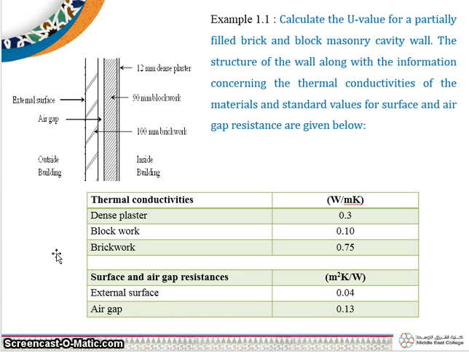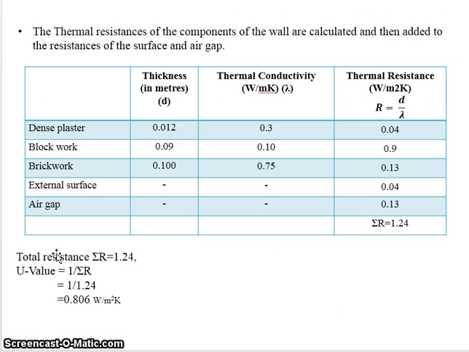I'll explain how to solve this problem. You may be asked to do some activities in the classroom regarding these problems. The thermal resistance of the components of the wall are calculated and then the resistance of the surface and air gap is added.